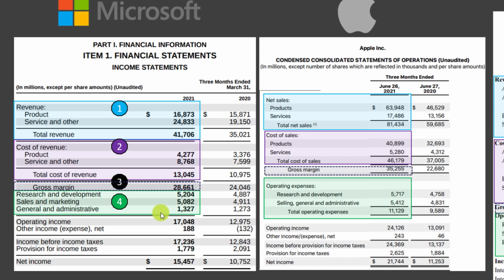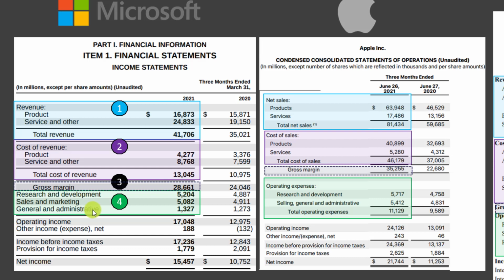Some of the common groupings of operating expenses are actually used by Microsoft here: research and development, sales and marketing, general and administrative. These are more frequently used by large companies, and they are sometimes also called SG&A expenses. S for sales, G for general, and A for administrative expenses.